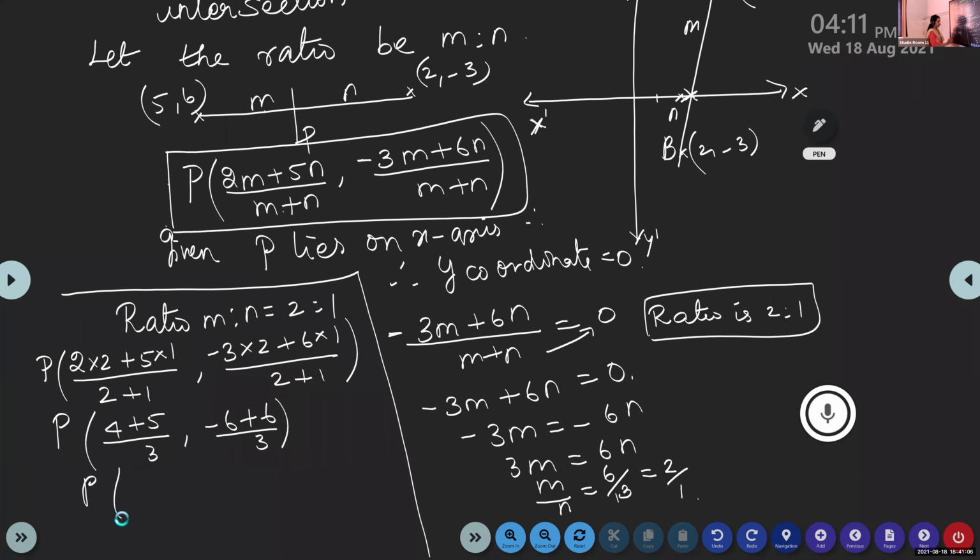So it will be 9 by 3 and 0 by 3. So the point P is (3, 0). The point of division is (3, 0).